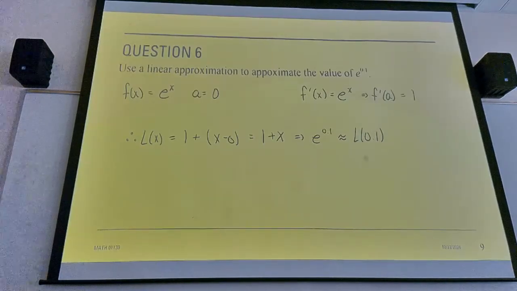What if we made e the x instead, and we left the 0.1 power as it was? Well, since that's what you're trying to approximate, that really wouldn't serve any purpose.